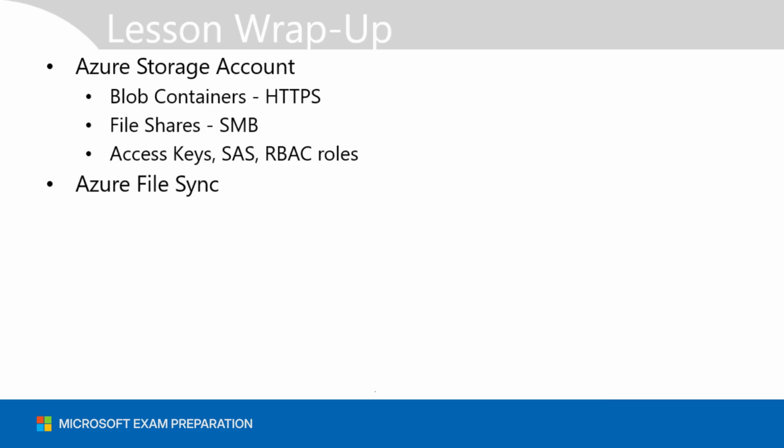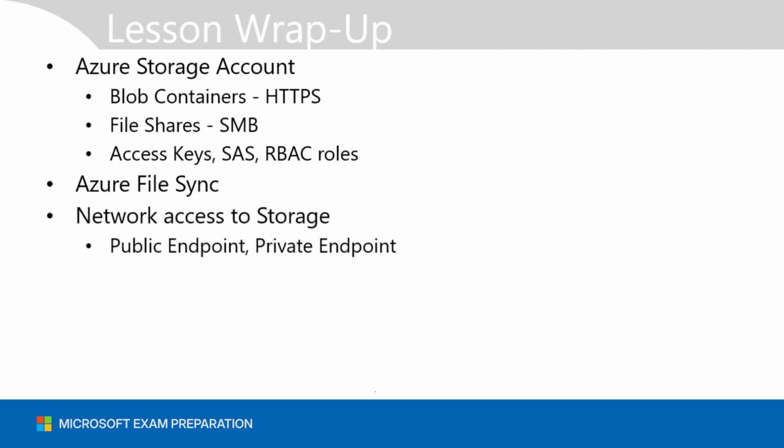We mentioned Azure File Sync as an additional service that uses Azure Storage as the backend. It's different than file shares in that you must have a copy of an Azure file share on a local server. So it provides a nice way to replicate a master copy into Azure Storage. We discussed how to restrict network access to storage: by default, storage is visible on the internet, but you could privatize it for particular VNets or IP addresses by using public endpoints or private endpoints.